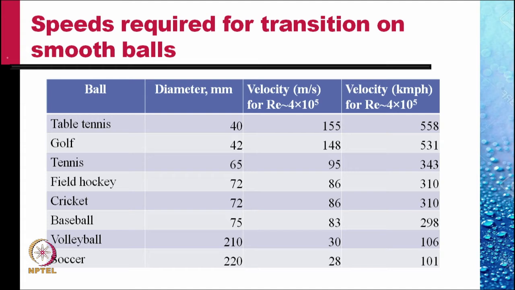In terms of kilometers per hour, these velocities are 558 kilometers for a table tennis ball and 101 for a soccer ball. These velocities are too high. None of these balls travel at velocities even close to these velocities. So what is going on?